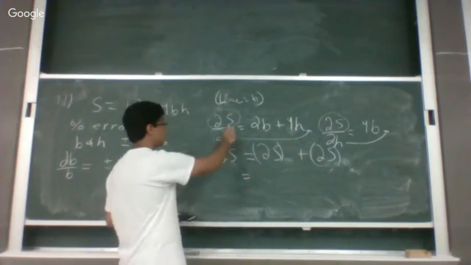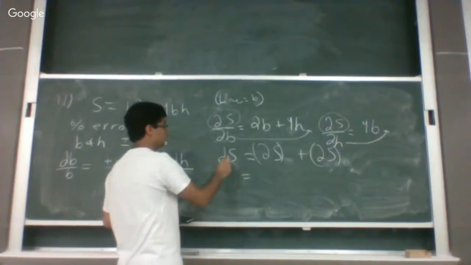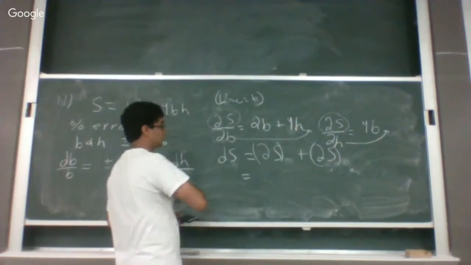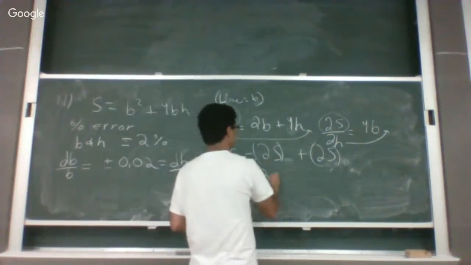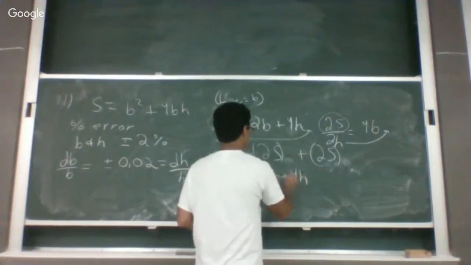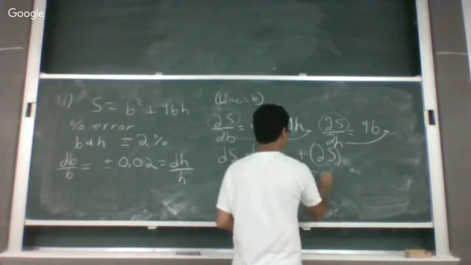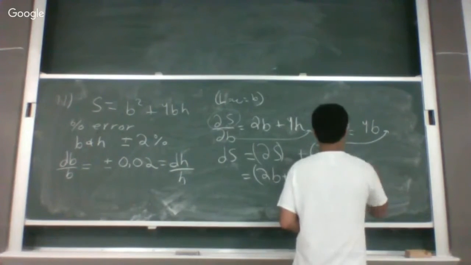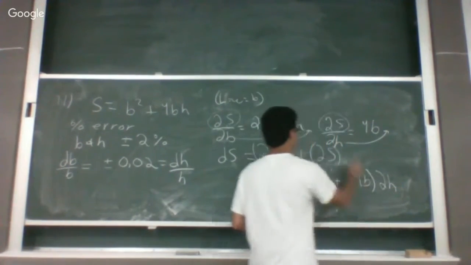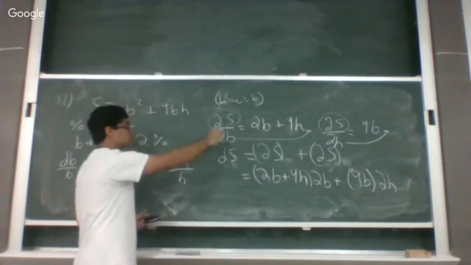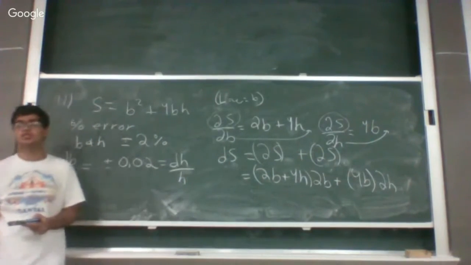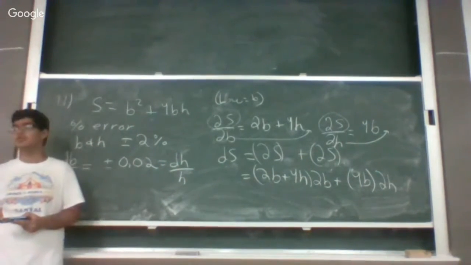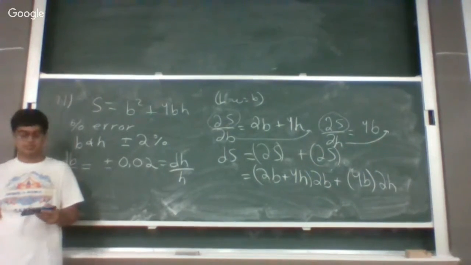But we need to add the partials of S in order to find the total change in S. So we can do 2B plus 4H, but we need to multiply that by partial of B, plus 4B, but we need to multiply that by partial of H. So then we can add the two partials to get the change as a whole of the surface area. Did that make sense?